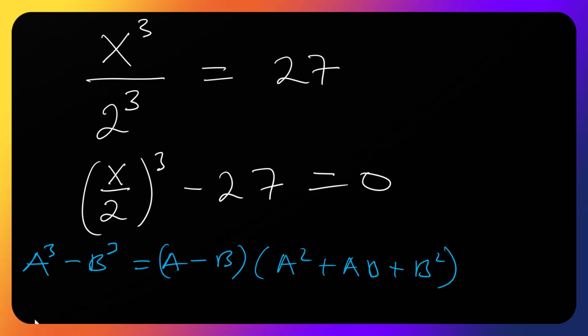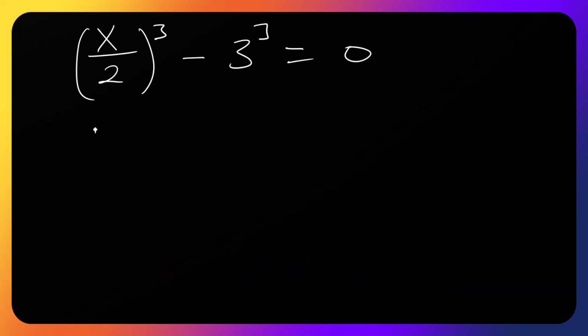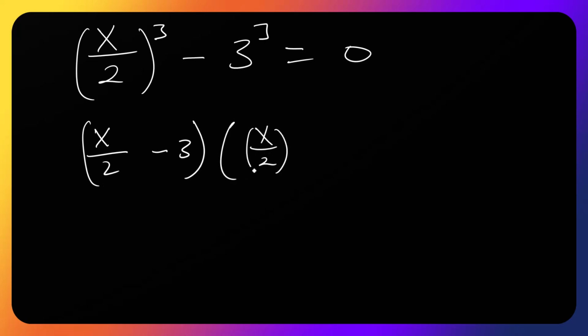So we have a minus b, that will be x over 2 minus 3. Then we have x over 2 squared, and that will be plus the product of 3 and x over 2, plus 3 squared, equals 0.